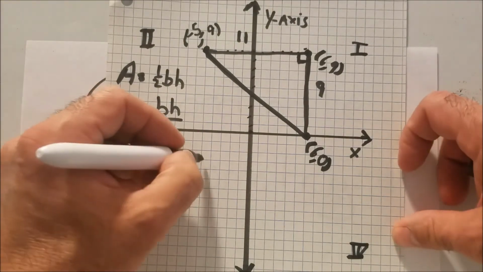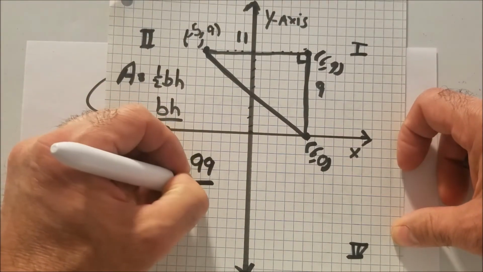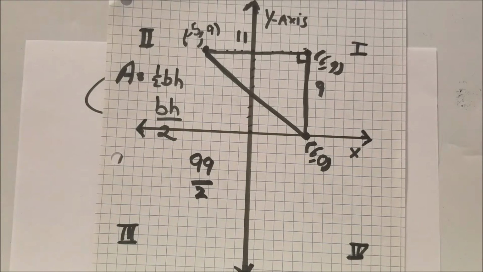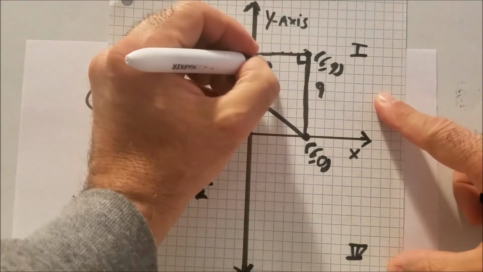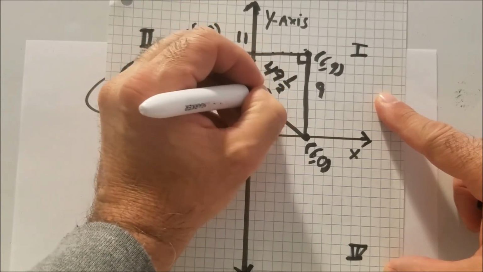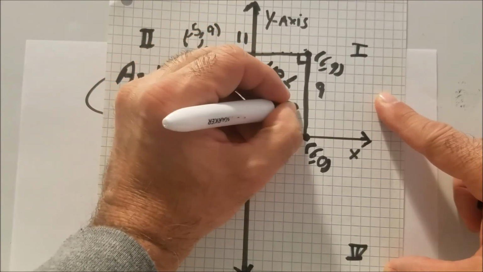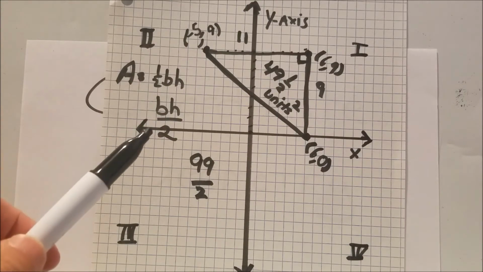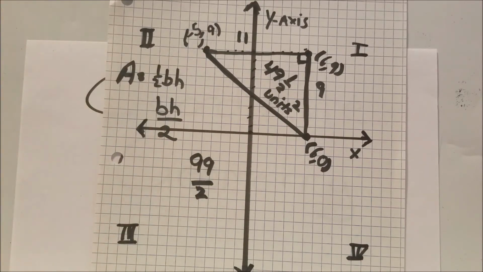Now we just divide it by 2, and that gives us the area of that triangle. It's going to be 49.5 units, but units squared. 49.5 units squared. So we could get the area or the perimeter of certain polygons on the coordinate plane.